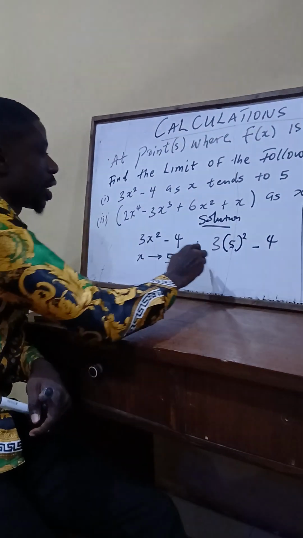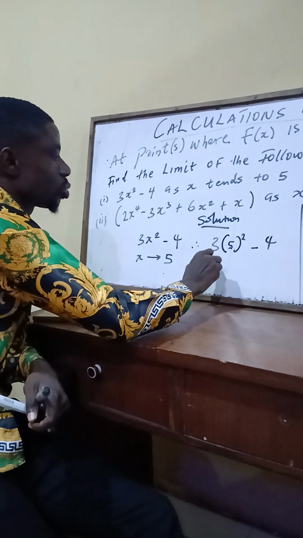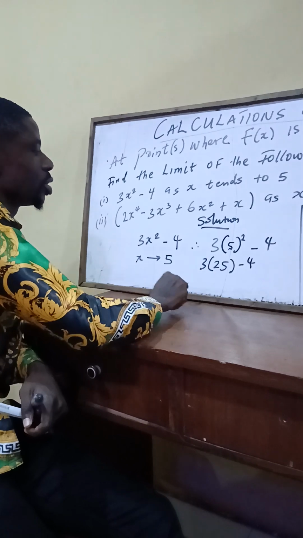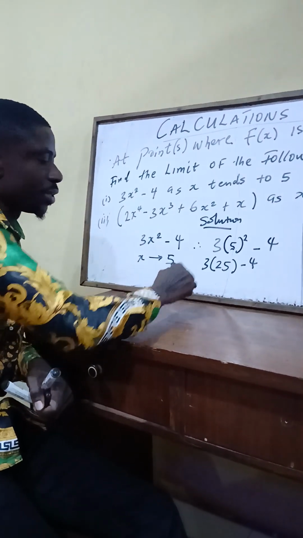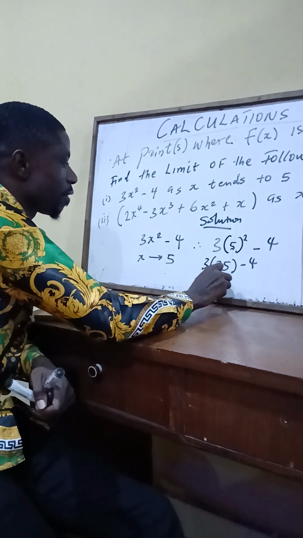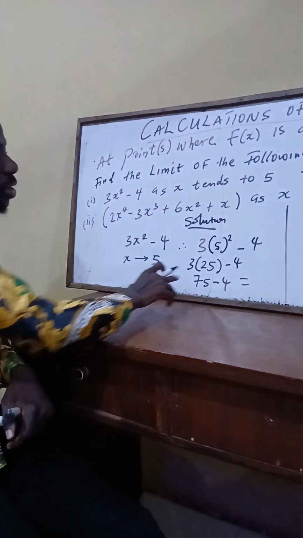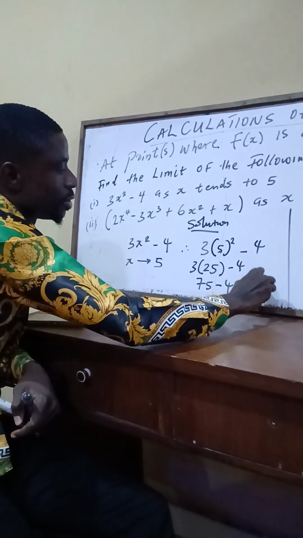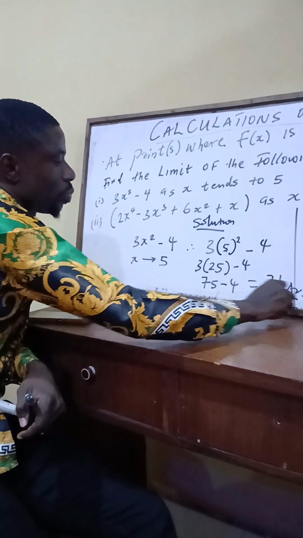So we continue: 3 into 5 raised to power 2 is 25, minus 4. So 3 times 25 will give us 75. So we have 75 minus 4, which is equal to 71. So this is the answer to the question.